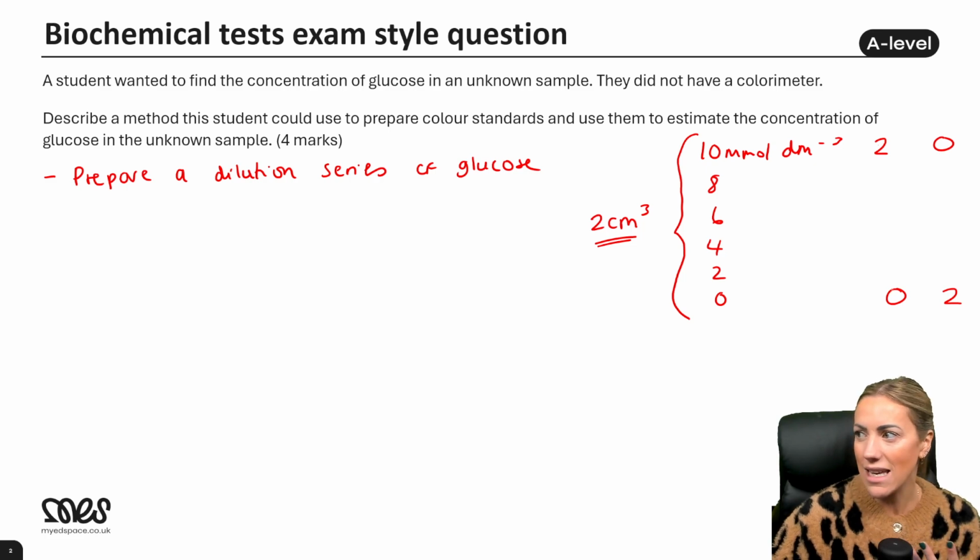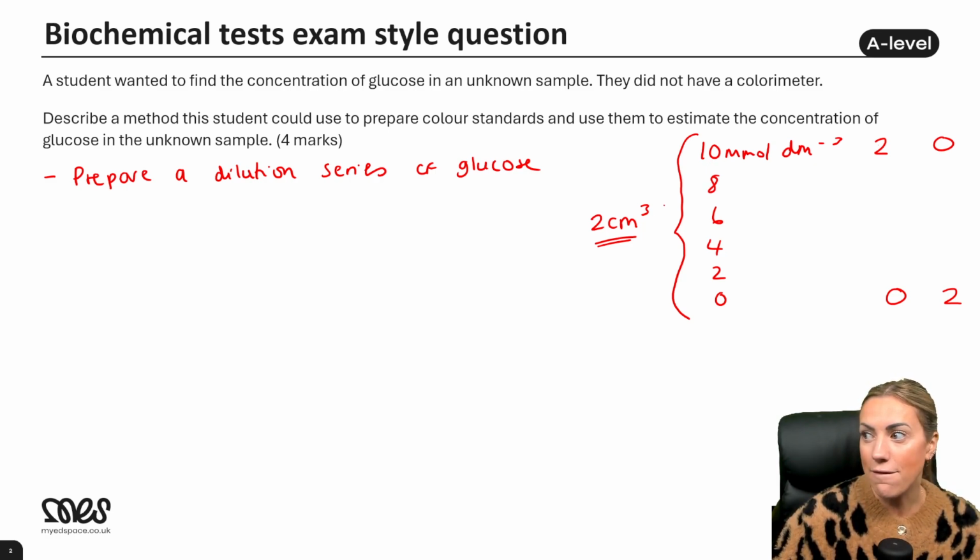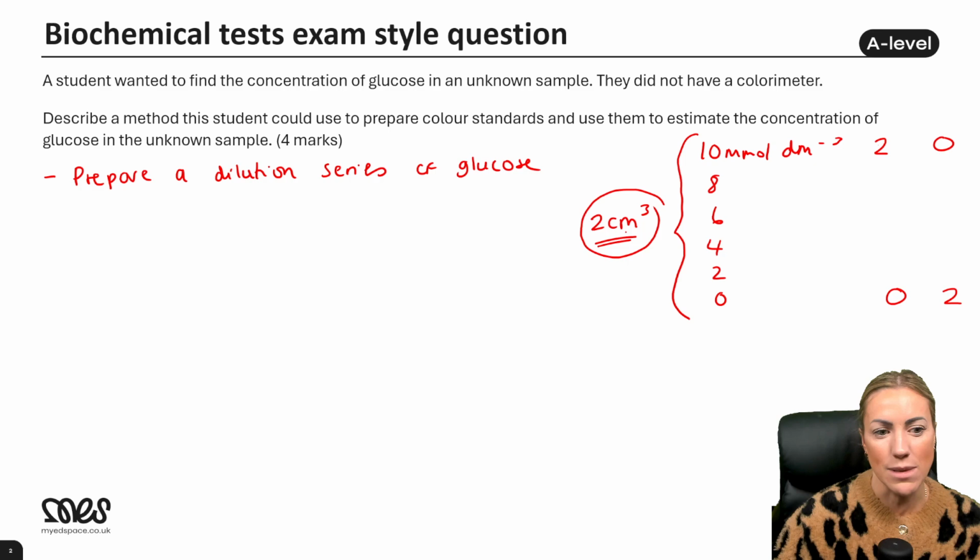Now, the way that I think of this is if I want an 8 millimole per decimeter cube concentration and I've got a 10 millimole per decimeter cube concentration, this is like 80%. I want the concentration to be 80%. Yeah, 8 out of 10 is 80%. So that means my final volume, I want 80% of that volume to be glucose solution and the other 20%, or the other 2 parts, to be water.